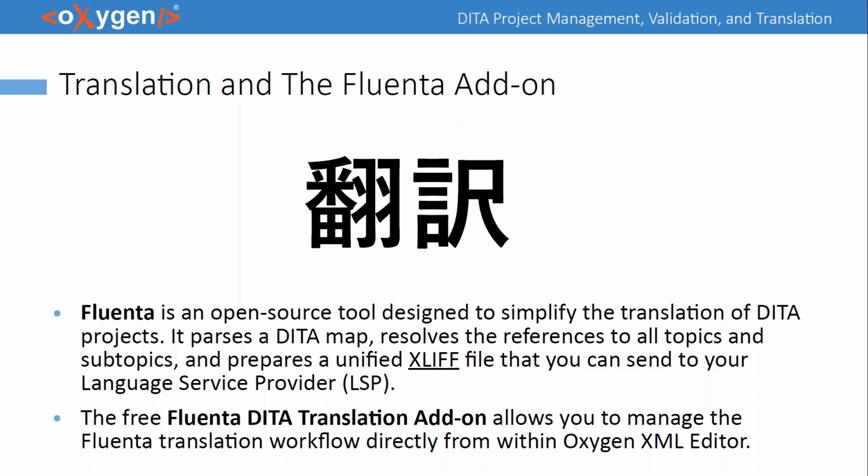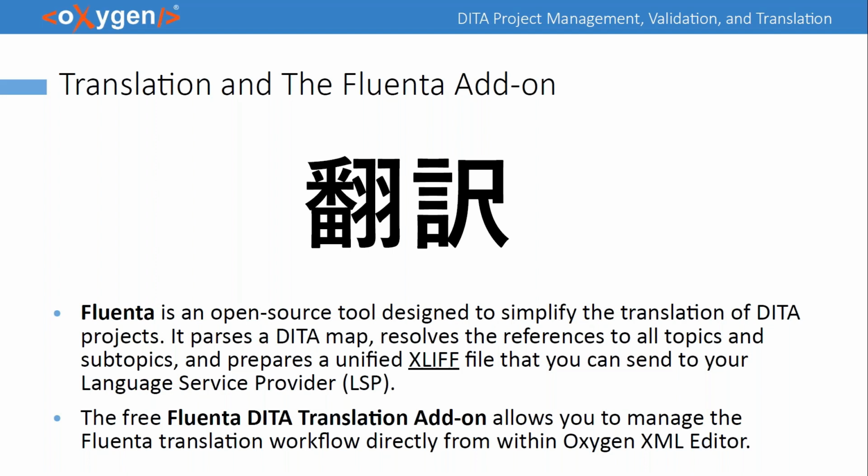And then you can send this file to the translators. And once you get the file from the translators, you can import it into your DITA project using Fluenta, and it will generate the translated version of your project.